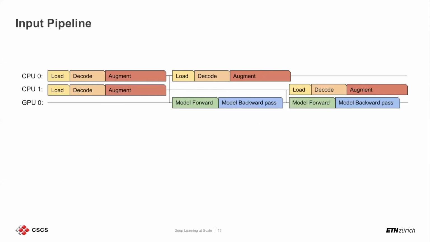And as Rafael was saying, we basically always have this pipeline going on where you have several CPUs in the background doing the loading from the file system, the decoding of the image, then augmentation. And then when that's ready, you can actually start the model training, doing the forward and backward pass, right? In the case of DALI or Kornia, for example, you can shift this augmentation onto the GPU.